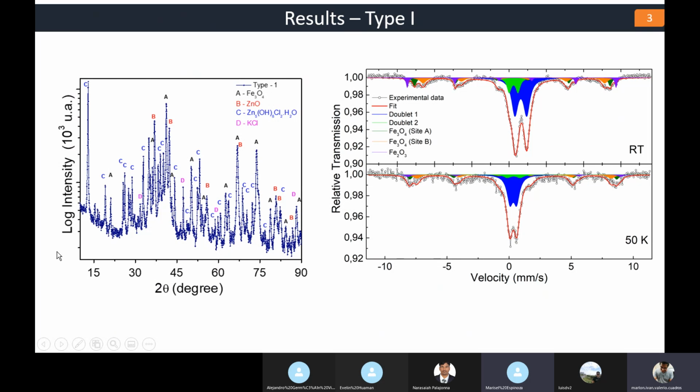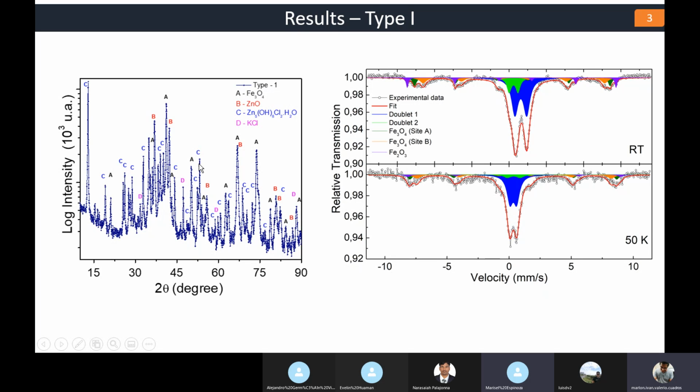In this case, I show you the X-ray pattern showing magnetite as an important, principal crystallographic phase. It is because this phase contains iron as a principal element.